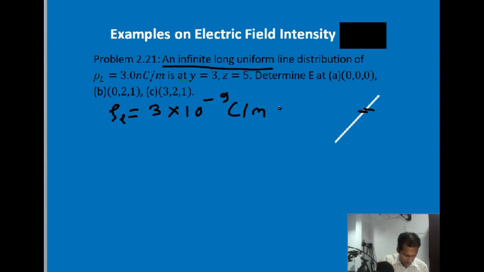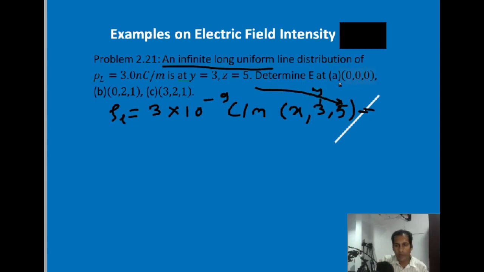And the location of this line is given. In that there is x, so not given, so we have 3, 5. So this is z and this is y. So what we have to find out?